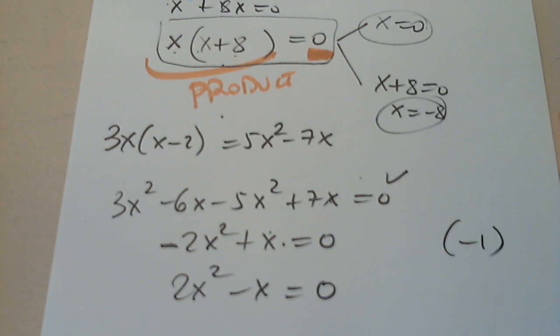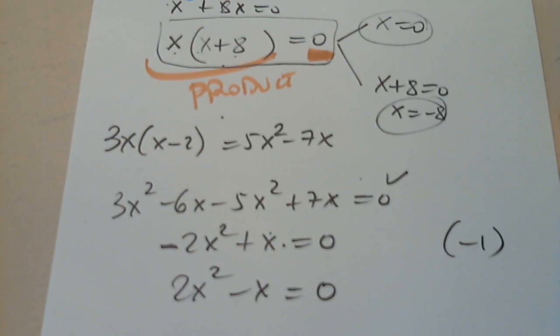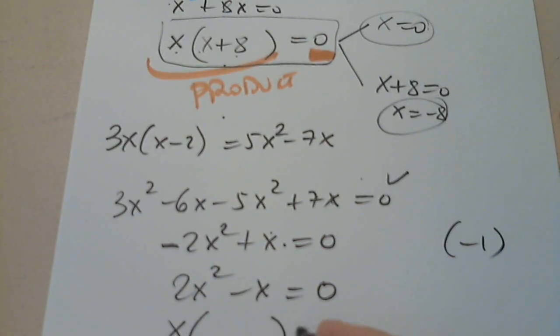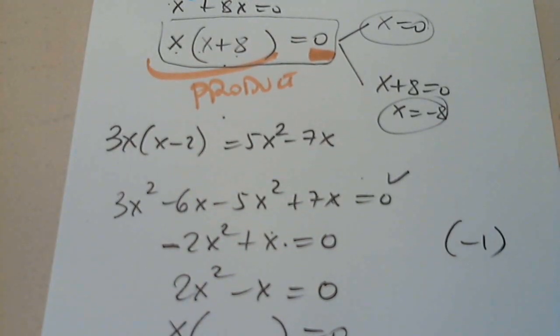What is the greatest common factor on the left-hand side? Please, anybody? X. Yes, indeed. What is left in parentheses? Negative 2x plus 1. Why negative?